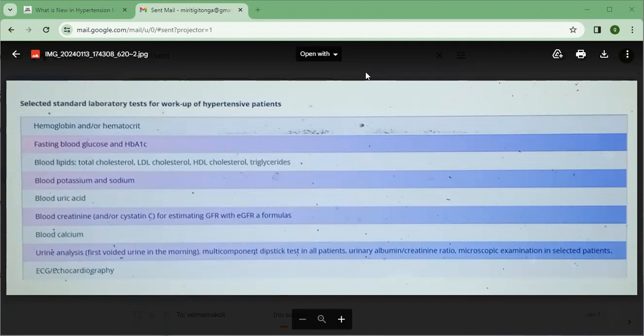So the normal HbA1c is 5.7, and if the patient has an HbA1c of 5.7 to 6.4, that means that person is pre-diabetic. A diabetic patient has more than 6.5, which is confirmed diabetes, and should be started on management of diabetes.